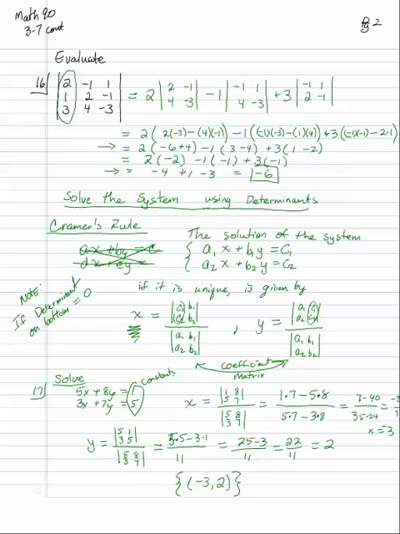Well, I guess you could. If the top number is 0, like you get 0 over 0 on both of them, then it's dependent, and you have an infinite number of solutions. So that's dependent.